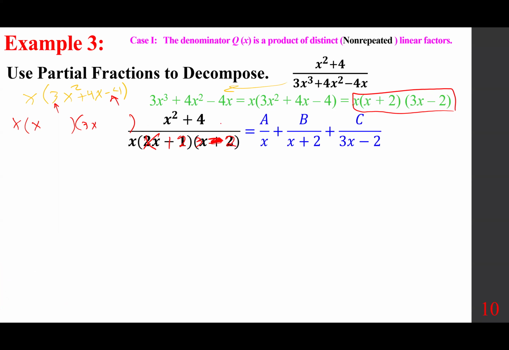So this, let me just clean up the mess and rewrite it. This one is x plus 2. This one is 3x minus 2.